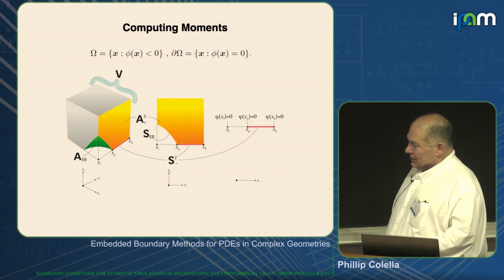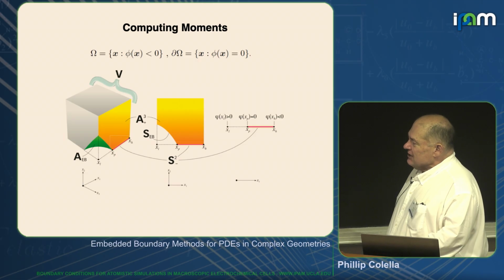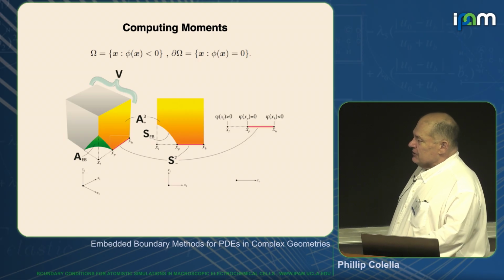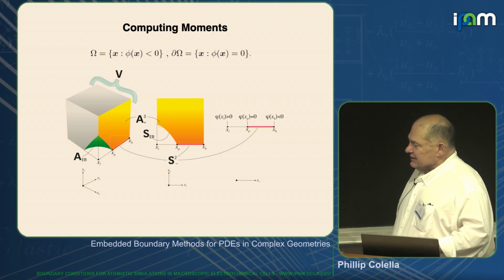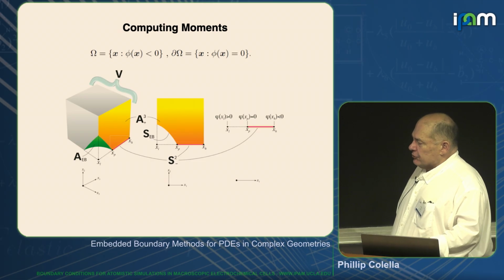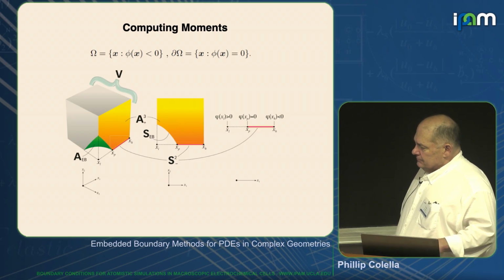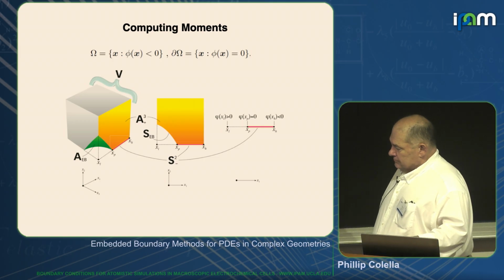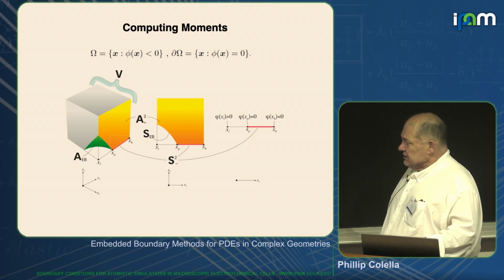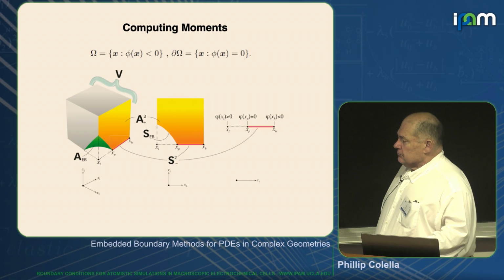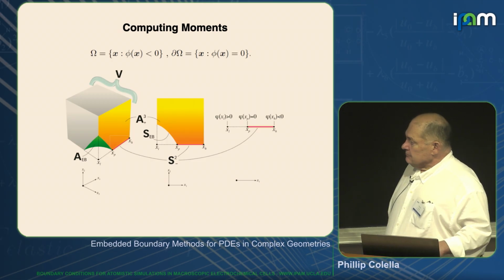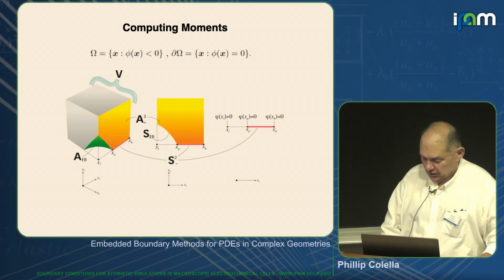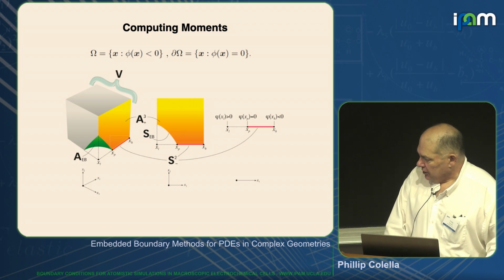Now in 1 dimension, we're great, because the moments over 1 dimension are going to be integrals over a line that goes from one boundary of this flat surface to the zero contour. And that you can find by root finding. That's a scalar root finding problem.